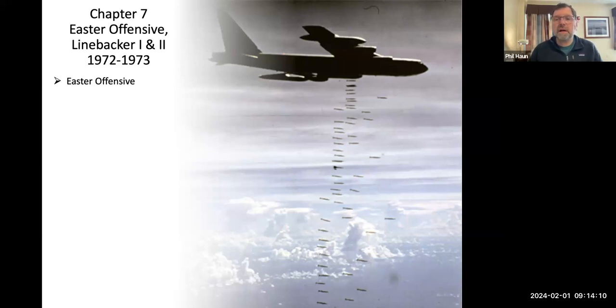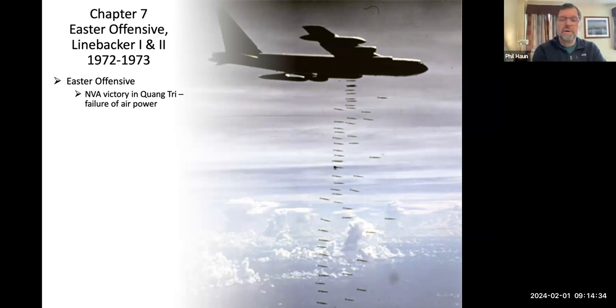We see another offensive that starts closer to Saigon, a major battle at An Loc, and then another attempt in the Central Highlands to divide South Vietnam in half that ends up in the Battle of Kon Tum. And the NVA, initially, they get a great victory at Quang Tri for a variety of reasons.